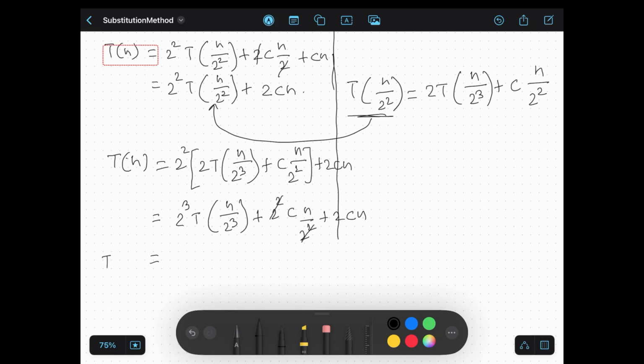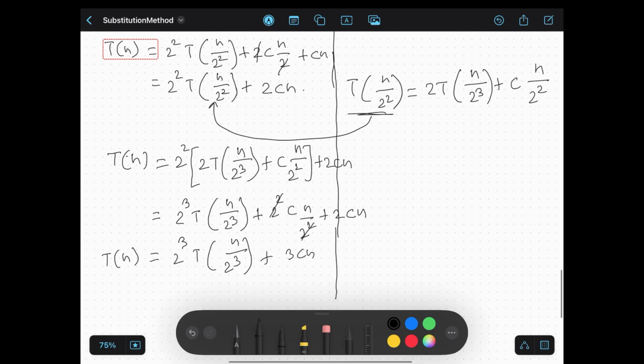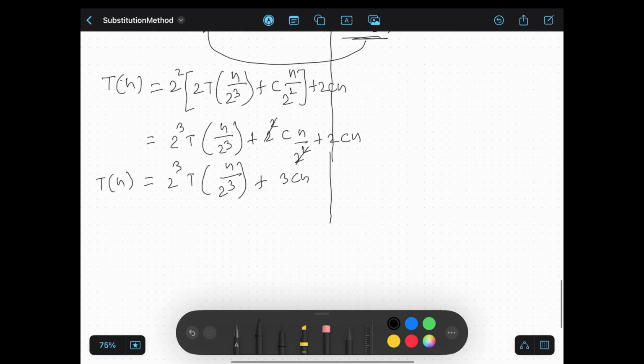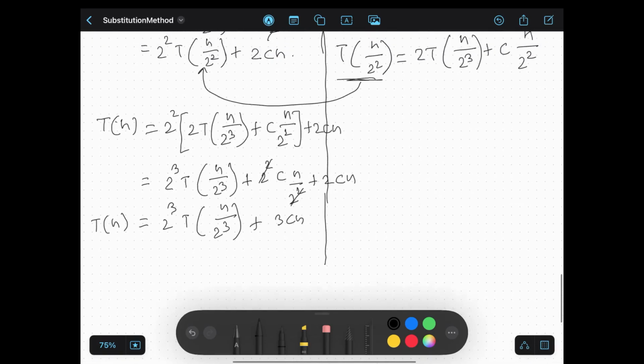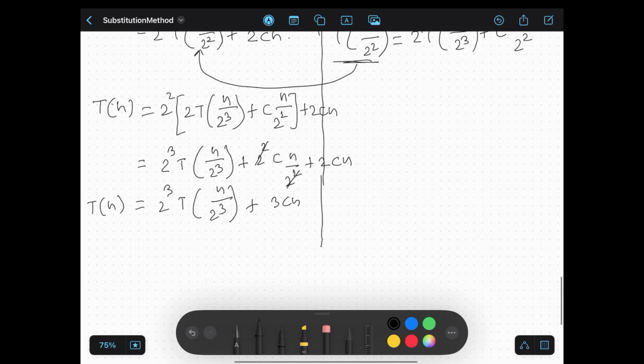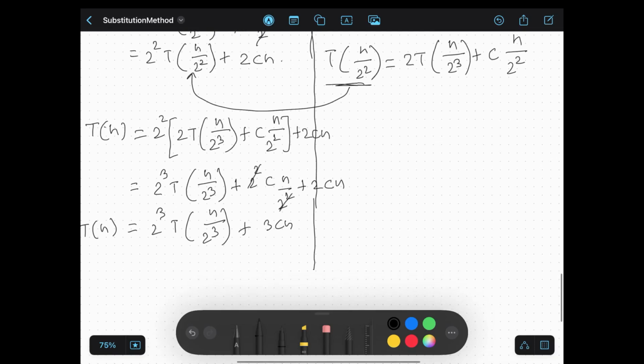By doing this, we get plus cn plus 2cn, 3cn. Okay. Let's do one more step to see how a general form of equation can be done.